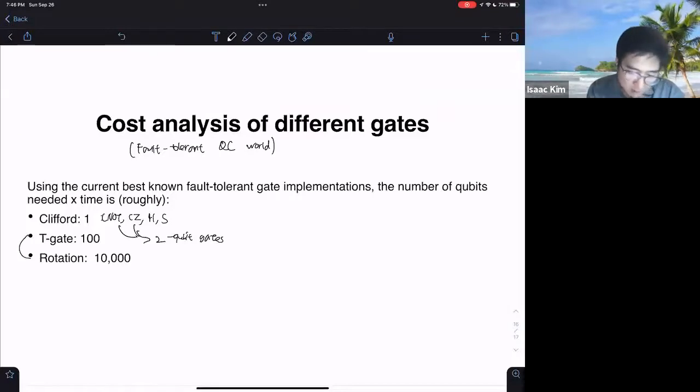And it looks like these T gates and rotations, even though they are single-qubit gates, in the fault-tolerant world the cost to implement them is much larger than these Clifford gates. You can see that there's a clear difference in the order of magnitude.